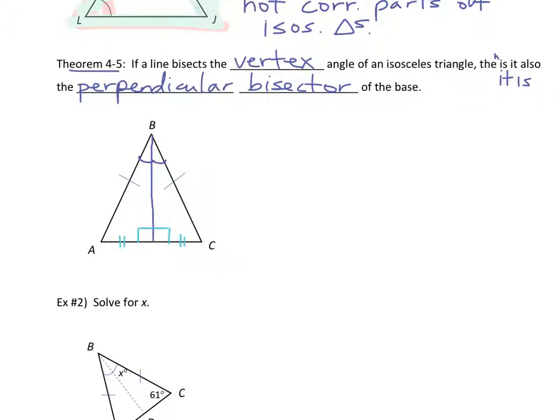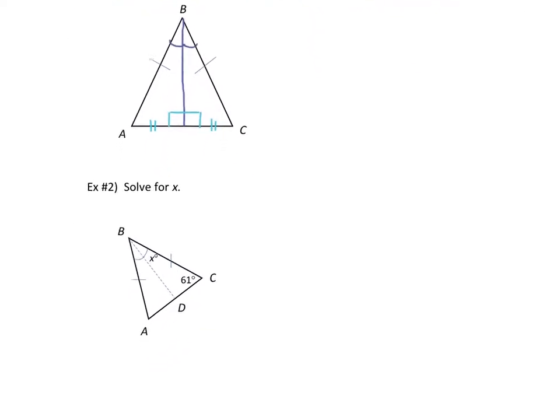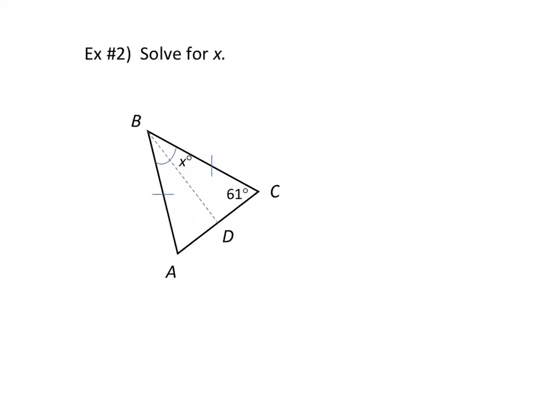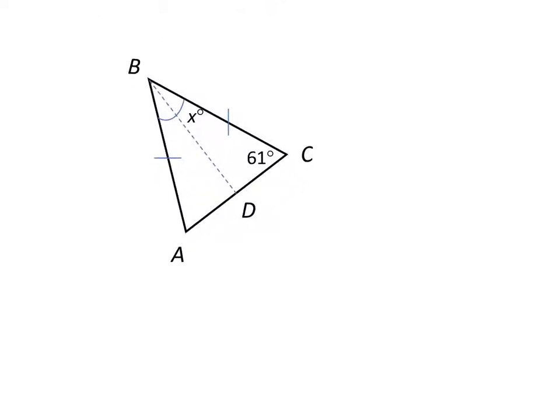So it's a perpendicular bisector of AC, okay? Why that's helpful is you will get pictures that look like this. They tell you that these are congruent, okay? And we're going to try to find angle x.